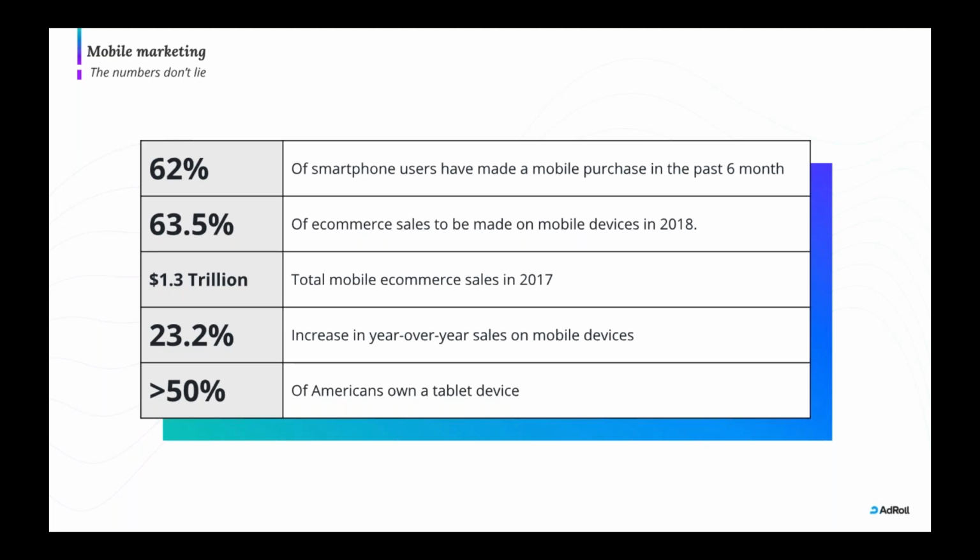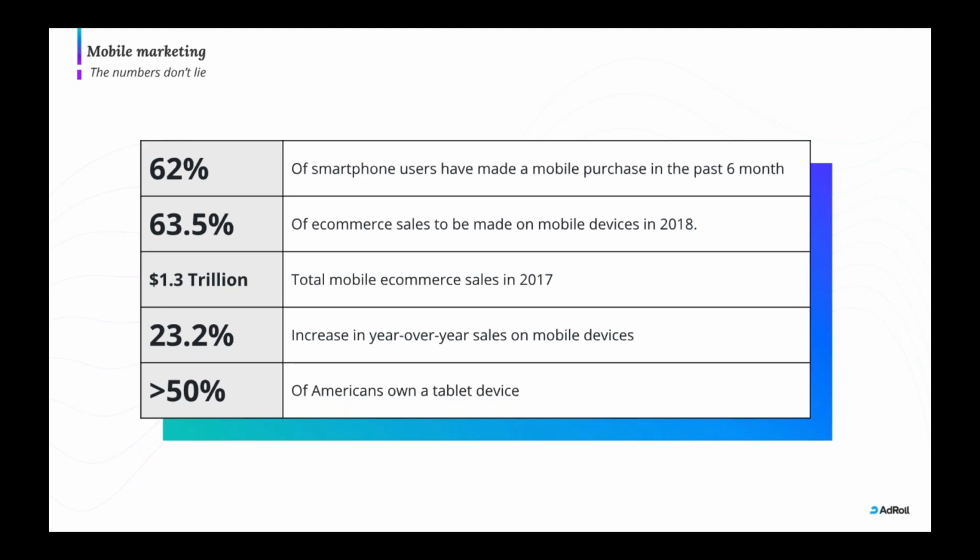And this translates to sales, right? Over 1.3 trillion in total mobile e-commerce sales in 2017, and this is definitely expected to grow throughout the rest of 2018, and especially as the holidays come up in Q4. This represents nearly a 25% increase in year-over-year sales in 2017, and I believe that's also expected to grow in percentage year-over-year.